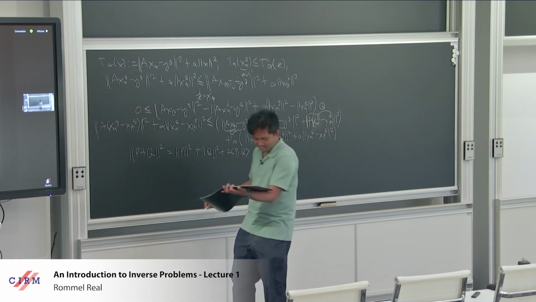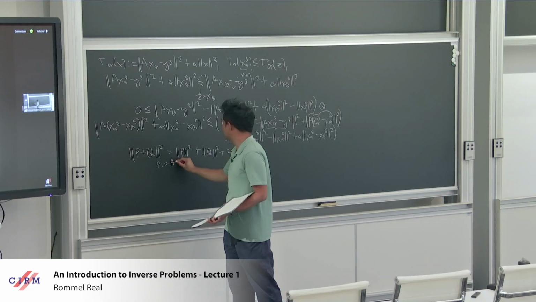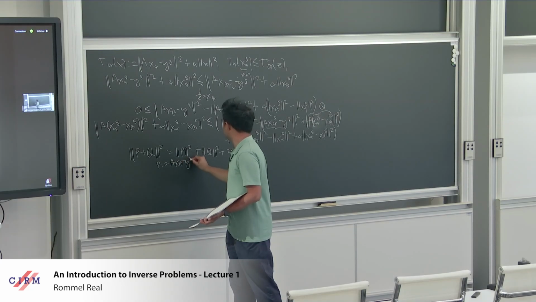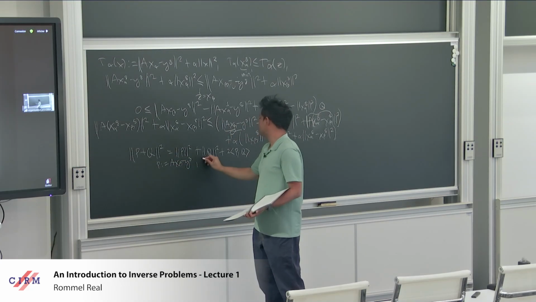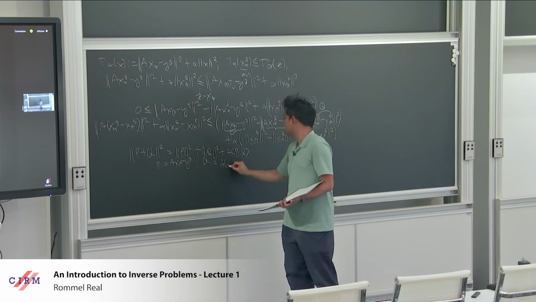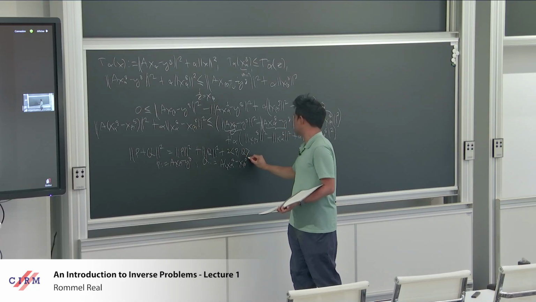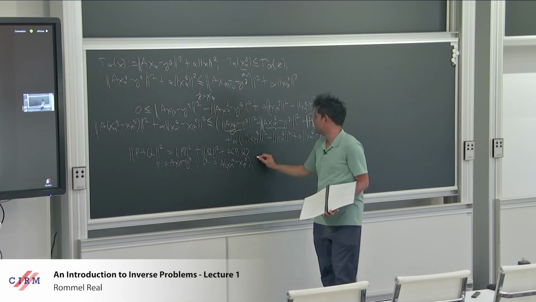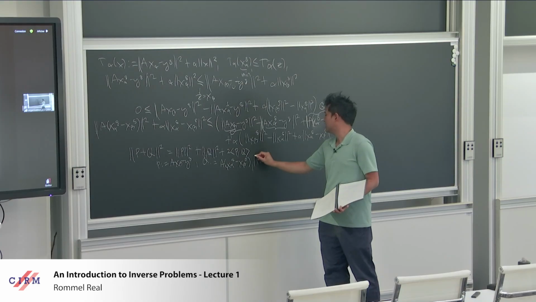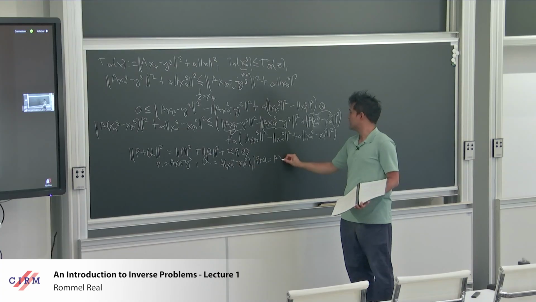So if you let that one be x alpha delta, then you can see that p plus q is just this one here.